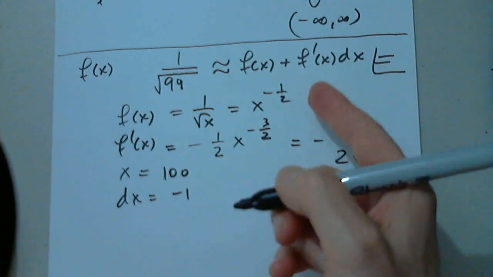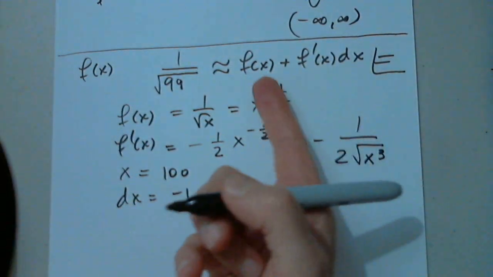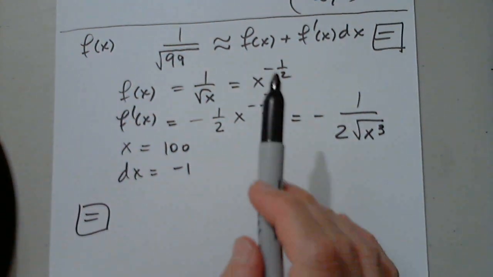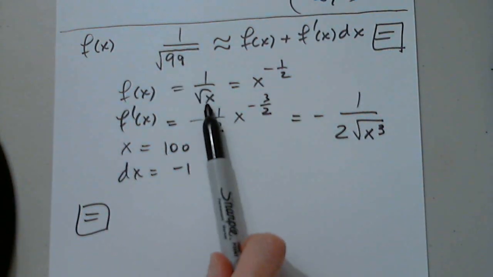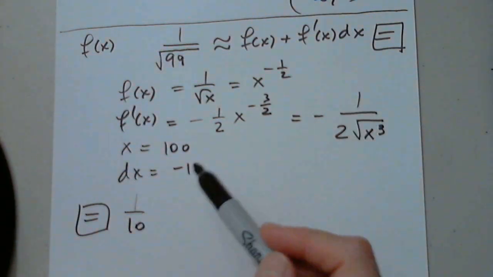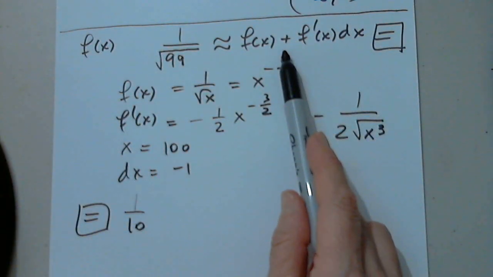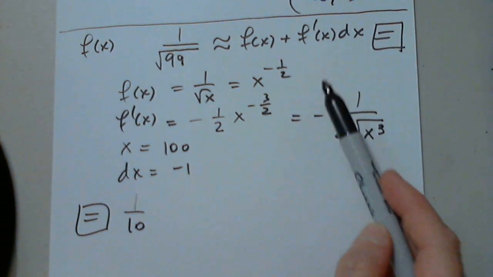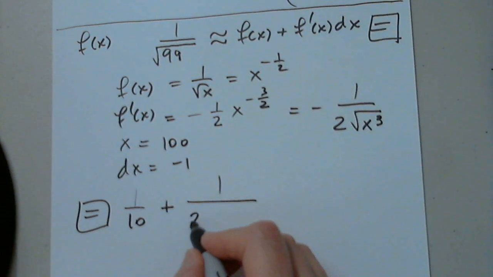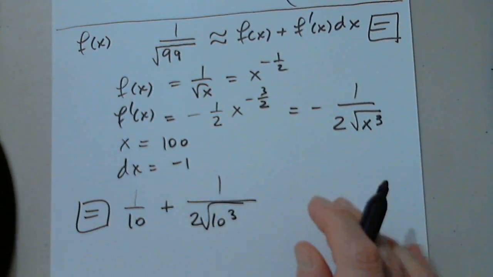So we have everything. Now I can write the equal symbol because what I'm going to write equals this. So f of x, when I plug in 100 here, I have 1 over 10. Then dx is negative, but I also have a negative derivative, so it's positive. 1 over 2, 10 to the third.